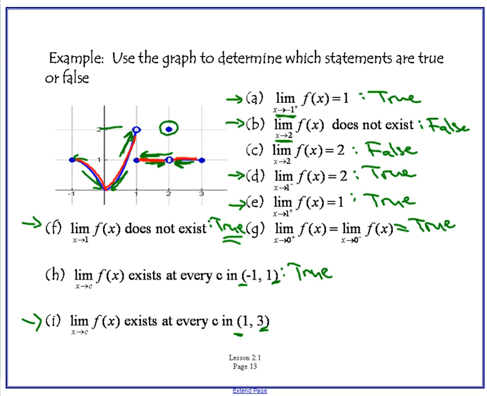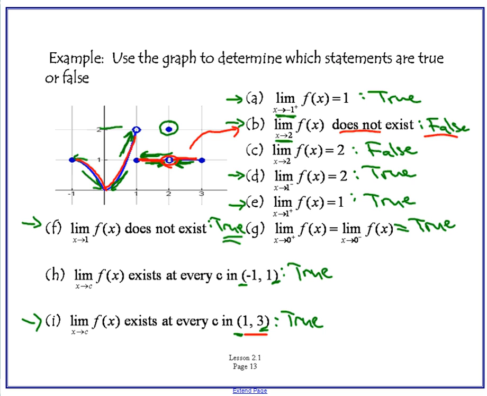Any of those values exist. And you might be worried about 2. Don't worry about 2. We've answered that already. The limit as x approaches 2 of f of x also exists. Because when we said it does not exist, we labeled that false. So the limit as we approach 2 also exists. So every c from 1 to 3, open intervals, those limits exist. So we're going to mark that one as true as well.